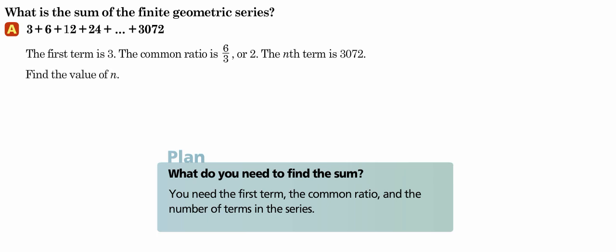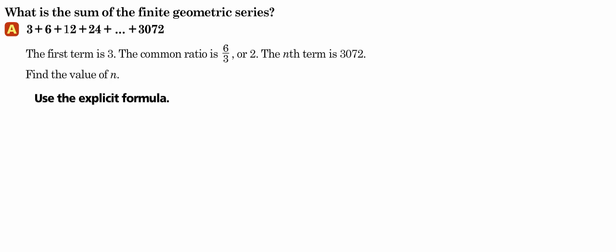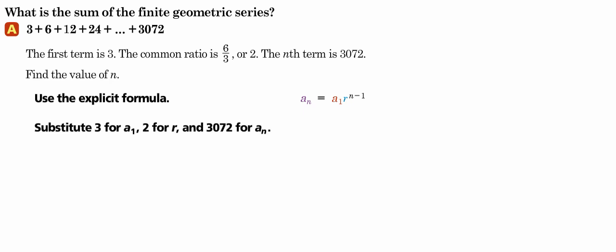First, find the value of n. Use the explicit formula for a geometric sequence. Substitute 3 for a sub 1, 2 for r, and 3072 for a sub n.